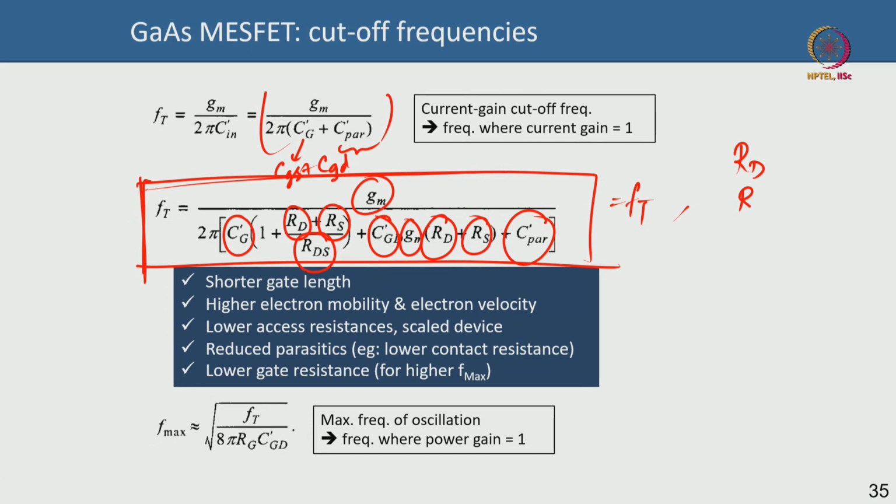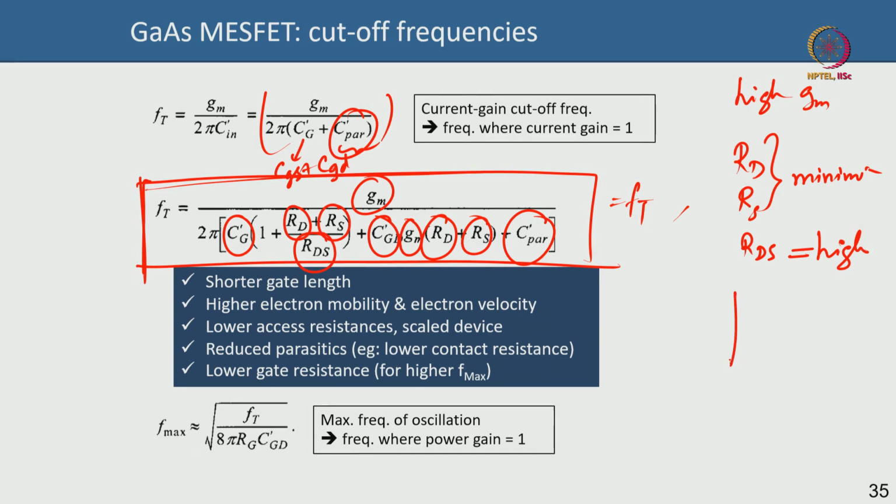So Cg essentially is gate source plus gate drain capacitance, and C parasitic is the parasitic coupling between the source and the gate metal. You can see that the actual expression for cutoff frequency has all these terms: the drain excess and source excess resistances, the output conductance, etc. So for improving the cutoff frequency, you need a high Gm, you need to minimize the source and drain excess resistances, and you also need to minimize your output conductance, which means your RDS should be as high as possible.